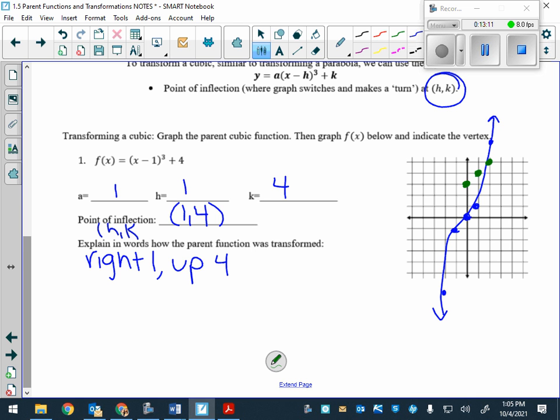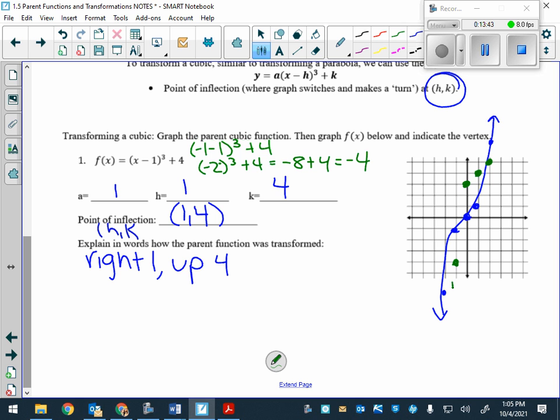This one here. But say if I wanted one more point for -1, I could plug in -1. What's -1 minus 1? What's -2 cubed? -8 plus 4? So I know another point is at -1, -4.